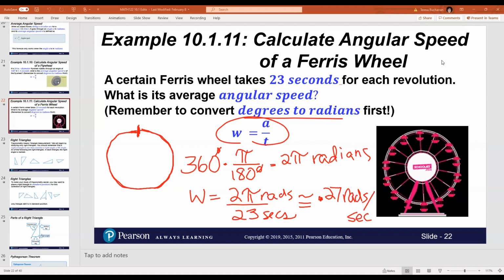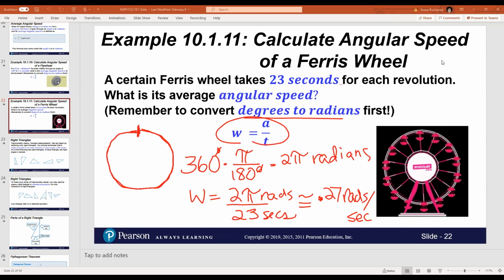Not quite 3/10 of a radian per second. Those are speeds in terms of units, radians. It's difficult to get a sense of whether that is fast or slow, because the units are unfamiliar to us.